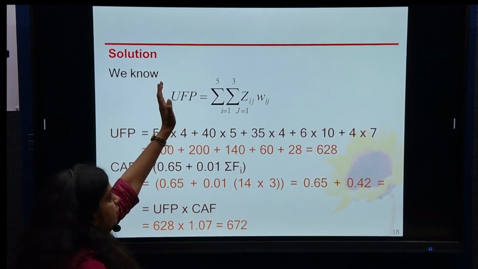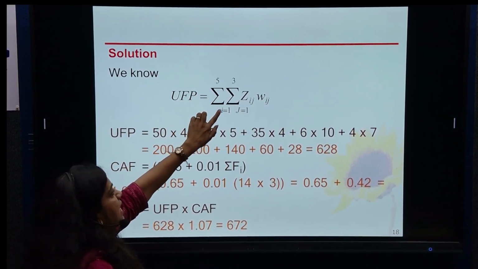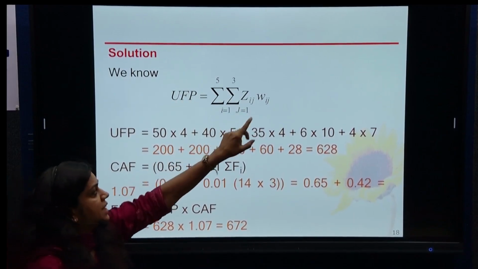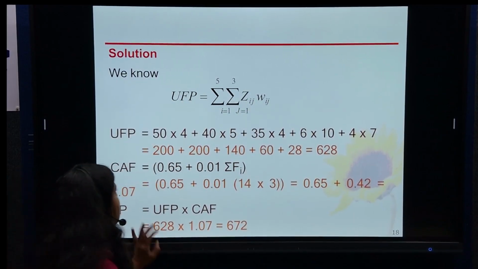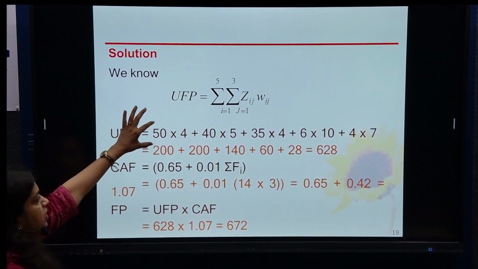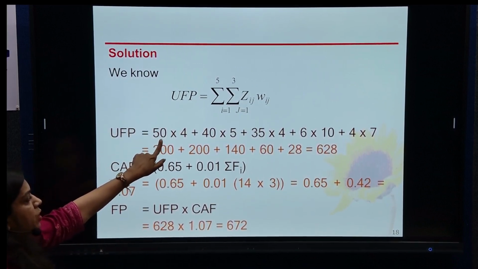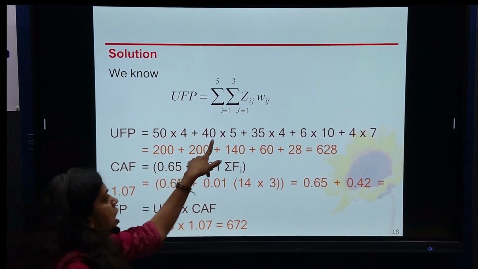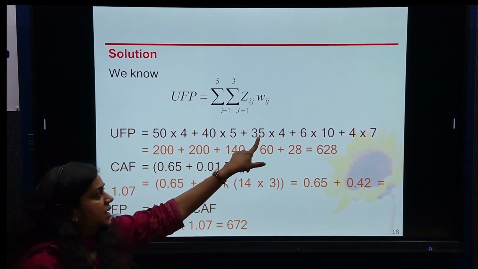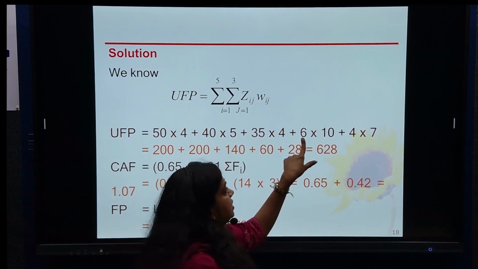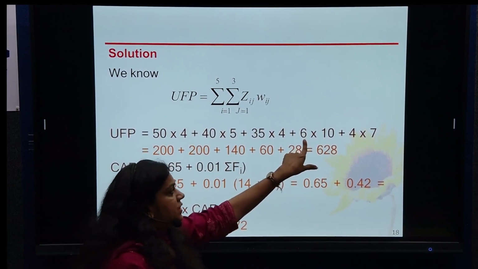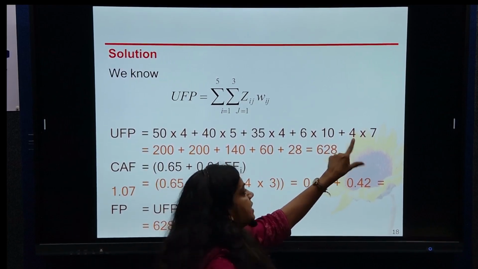Formula for the UFP is summation i equal to 1 to 5, summation j equal to 1 to 3, Zij and Wij. As the values of the functional units are already given, for input its value is 50, for output its value is 40, for inquiry its value is 35, for internal logical files its value is 6, and for interfaces it's 4.